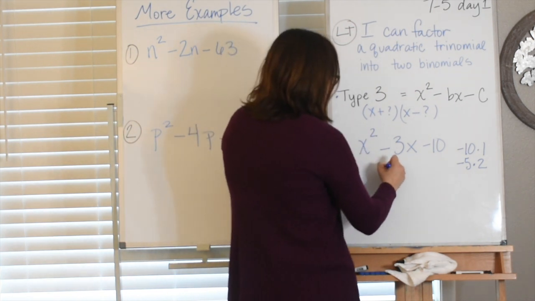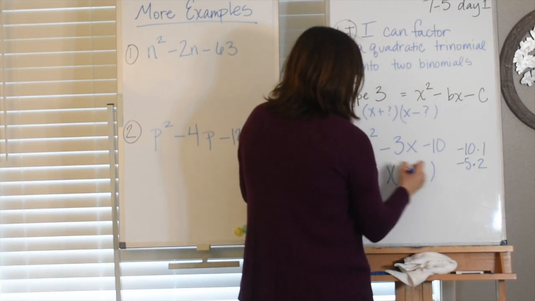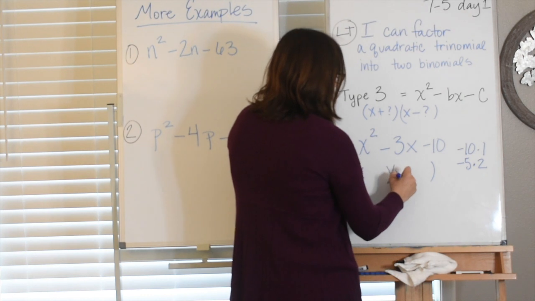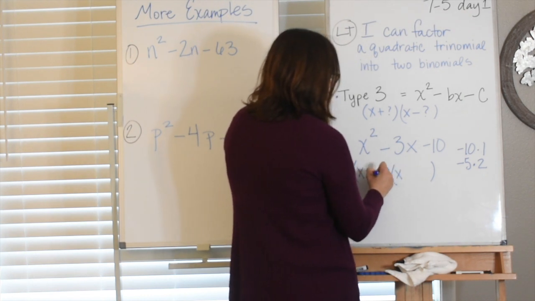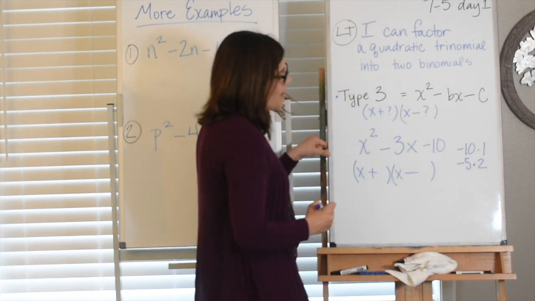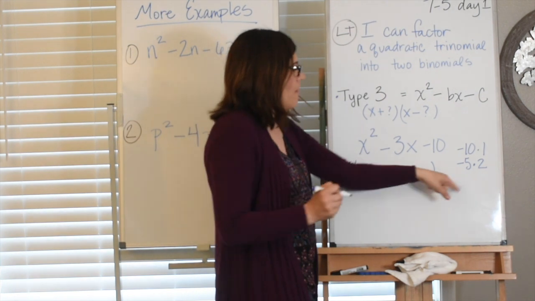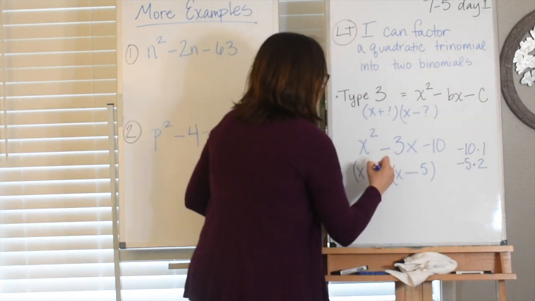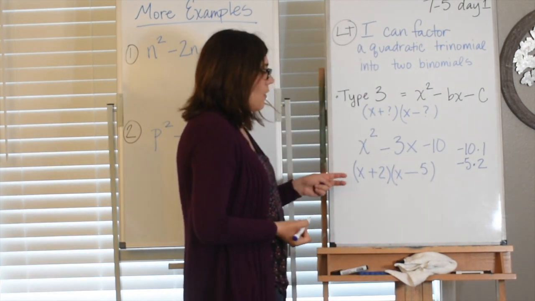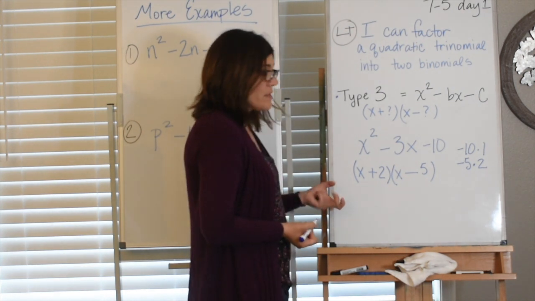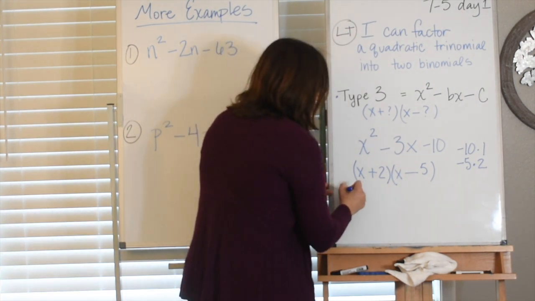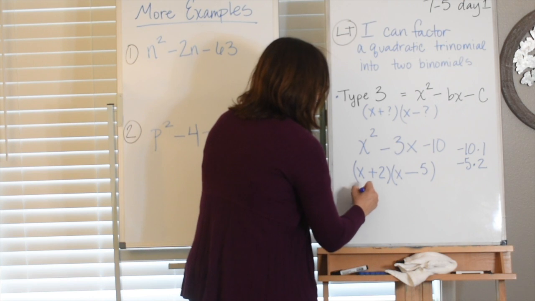And I forgot to create these at the beginning, which you can do now. I'm going to start out with x, and remember it's going to be plus, then minus something. So minus 5 and plus 2. Now, if I were to FOIL this out, let's see what I get. X times x is x squared.